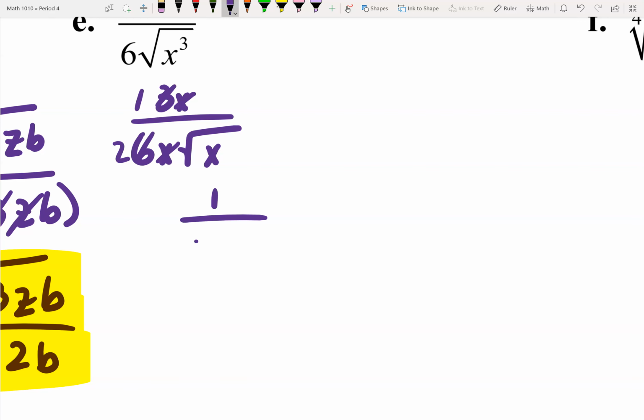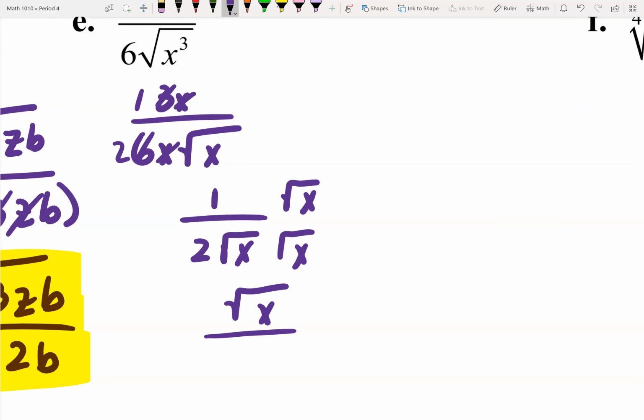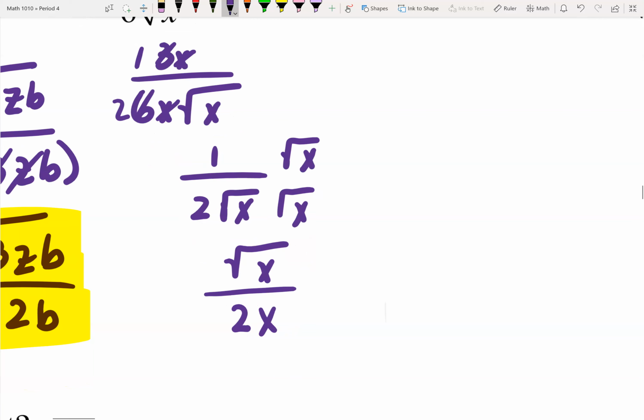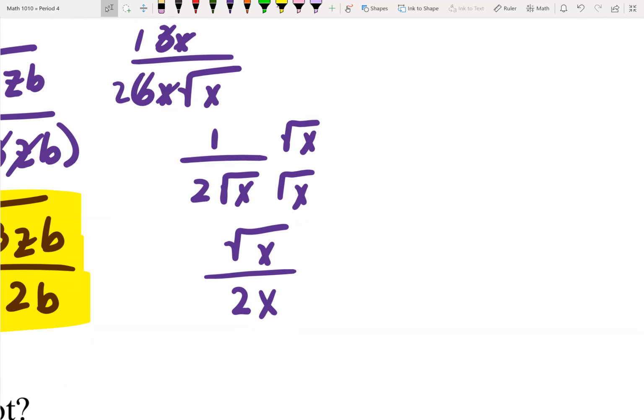So I'm going to rewrite it just so I don't confuse you. So it's 1 over 2 square root of 6. I just simplified. Multiply top and bottom by the square root of x. 1 times the square root of x is the square root of x. On the bottom, on the outside, I have a 2. Square root of x times the square root of x is x. Can I cancel my x's? Why not? One's in, one's out. Yep. That's it. And we're done.